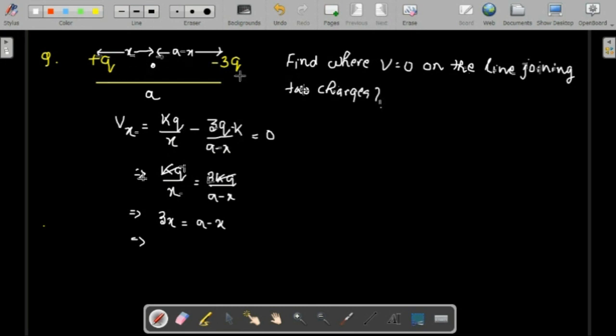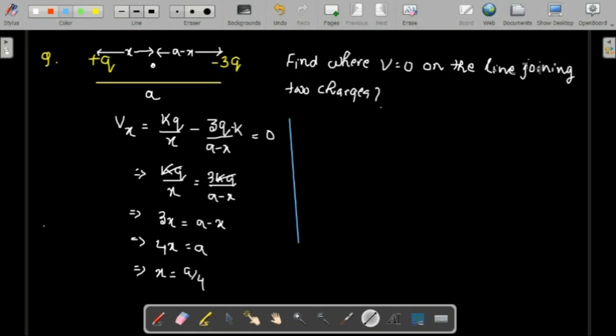I know the distance between the two charges is a, so I can find x in terms of a. So 3x goes on this side, and 4x is equal to a. That means x is equal to a by 4. Put the value of x as a by 4 here, and here also a by 4. Do the calculation and you will see that the answer becomes 0. That's obvious, right? So this is the answer.